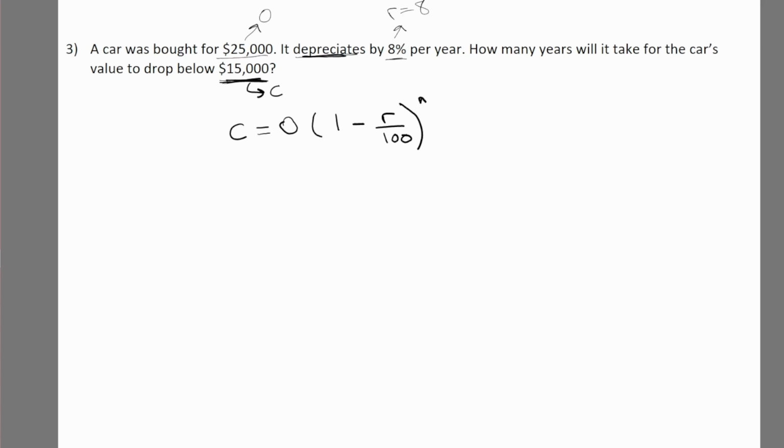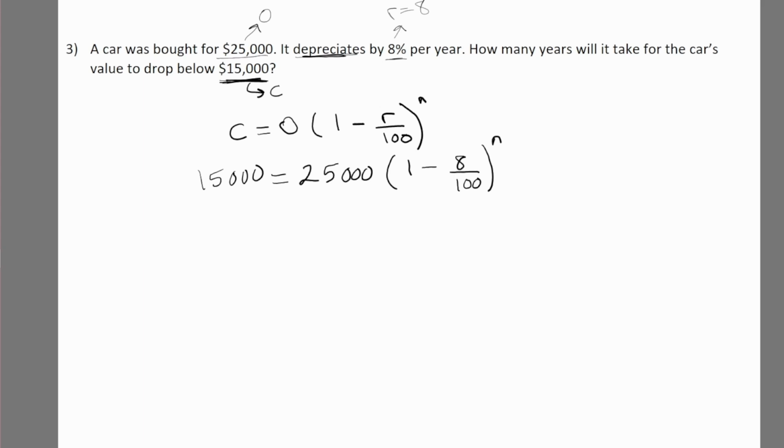So the way we're going to solve this is firstly, let's see how many years it will take to drop to 15,000, and then see basically the year after it.